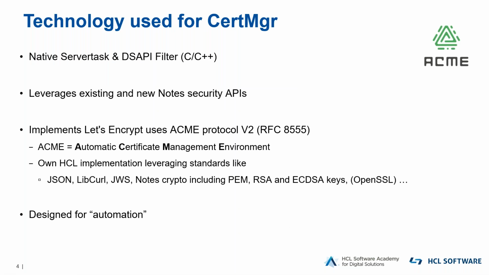So the technology used in the backend, it's a native server task. It's a DSAPI filter for now to intercept the incoming requests. It leverages new and existing APIs on the Domino side, so it's all HCL code. And even the ACME protocol has been implemented using modern standards that are all part of Domino now.